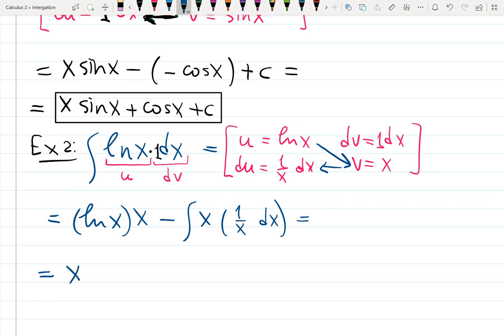The first term is x natural log of x. The second one is integral of x over x. x cannot be 0, so we can cancel them out. How do I know that x is not 0? Because of the original function. For log to exist, x should be greater than 0. That's the domain of natural logarithm. So when I cancel out these two guys, x over x, I will have just integral of dx.